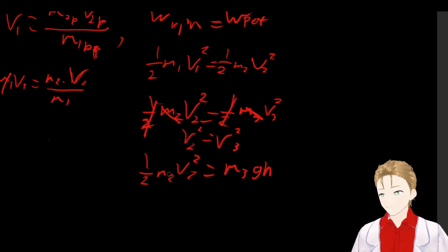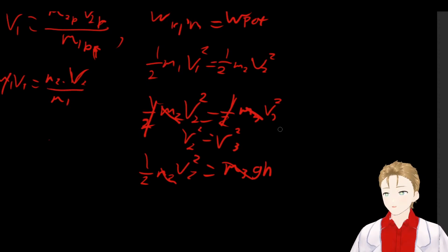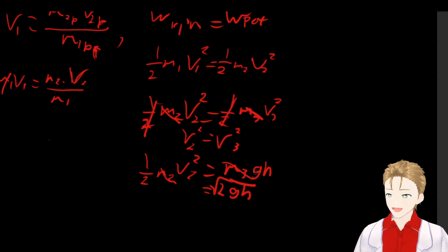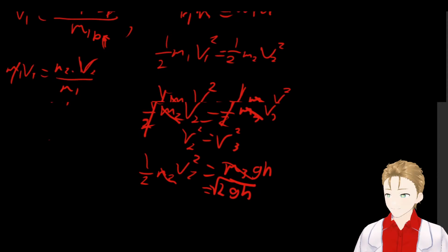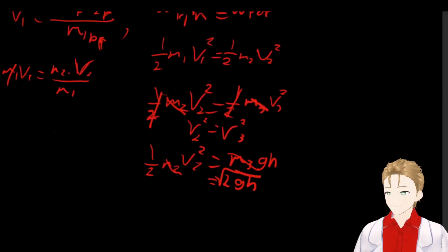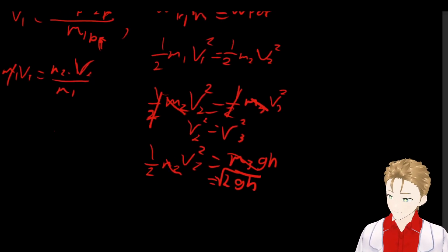We could replace with these two, but they still cancel, which still leaves us with square root 2gh. They're still wrong. It's not what I'm looking for. You know what? It's not the right one.